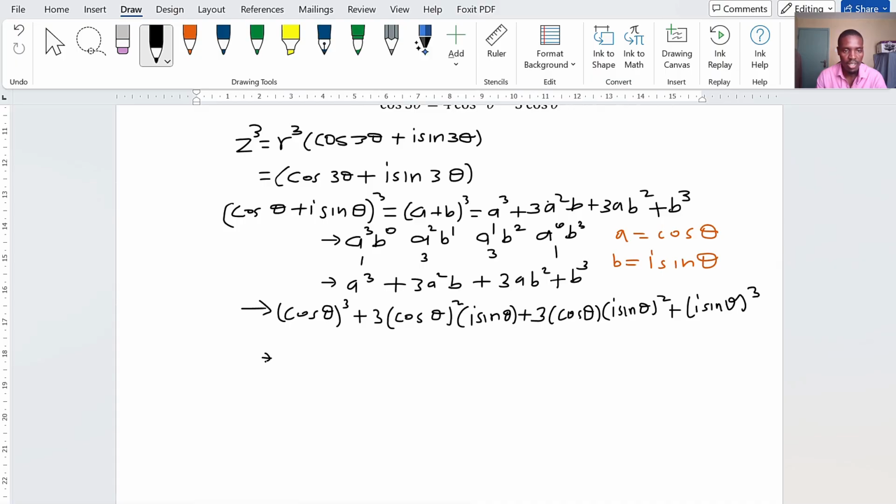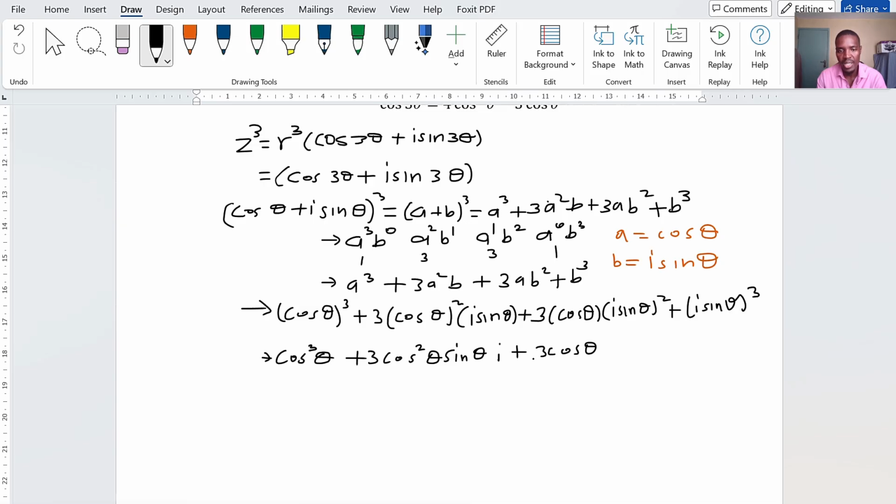Okay, so this will give us cos cubed theta plus 3 cos squared theta, then sine theta, if you like, i, the whole thing, then plus 3 cos theta.